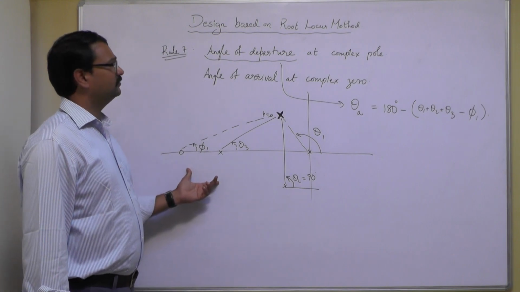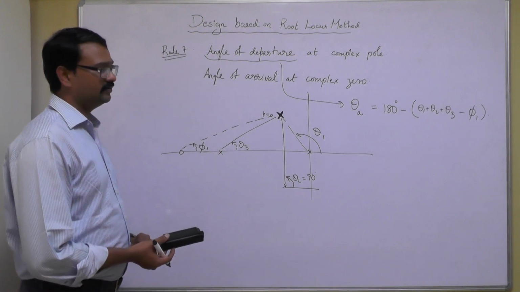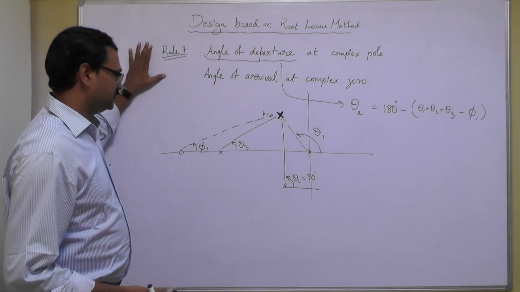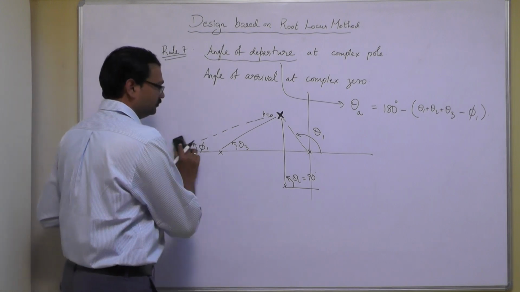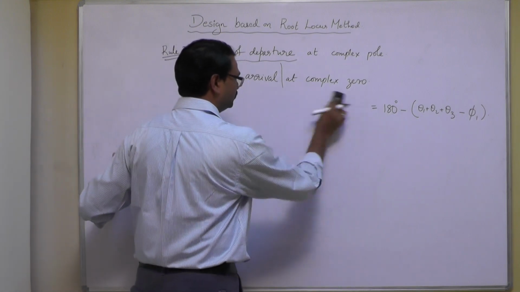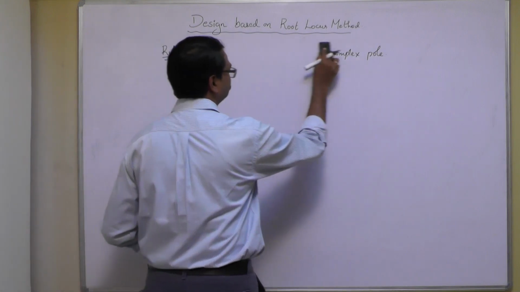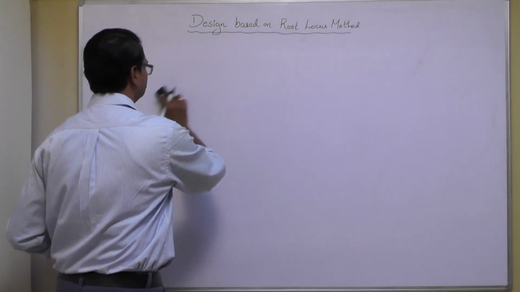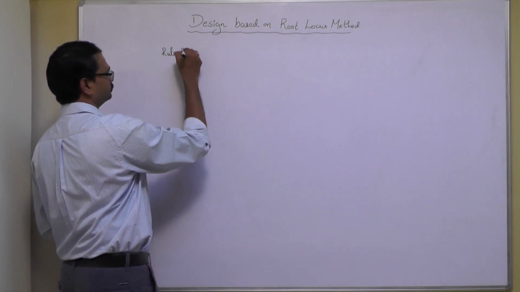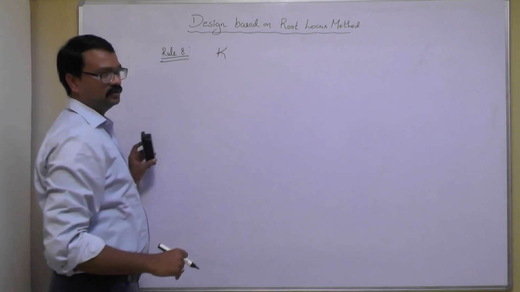So, the angle of departure at any complex pole is obtained. Similarly, the angle of arrival also can be obtained. So, this is rule 7. And now we will see the last rule and the ultimate rule, rule 8, which is nothing but determining the gain K at any closed loop pole.